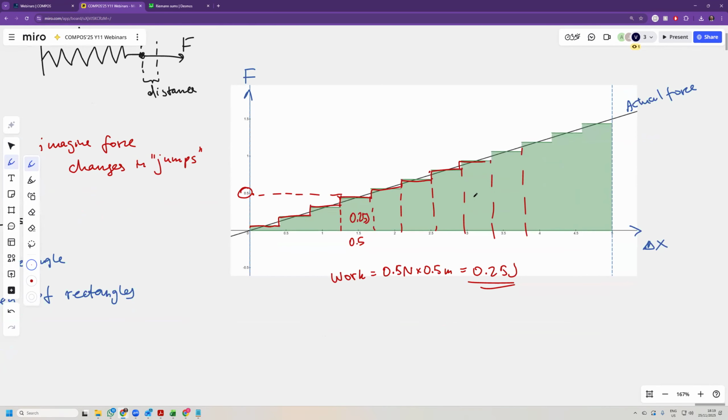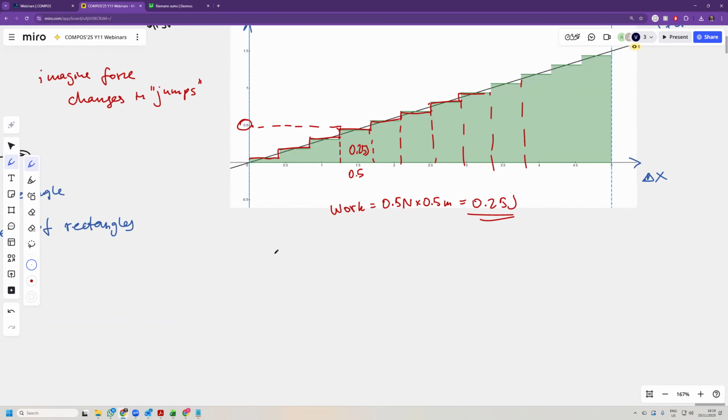Approximately because we approximated the force. So total work is approximately the total area of rectangles. Does that make sense? Do you understand what I do? On a scale of 0 to 10, please type in the chat.